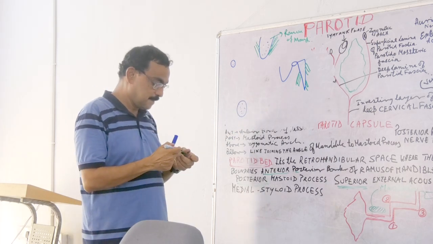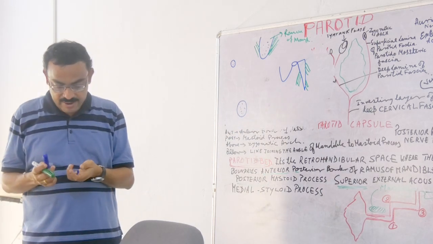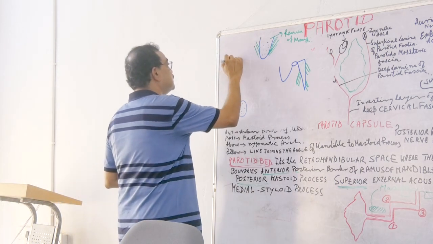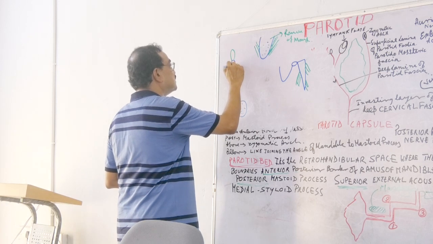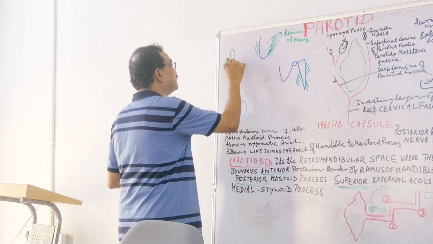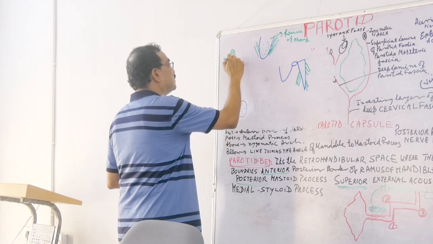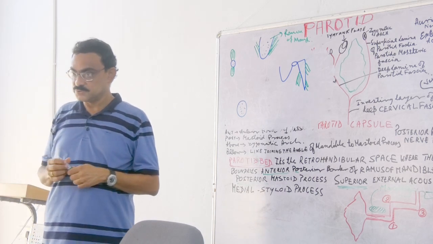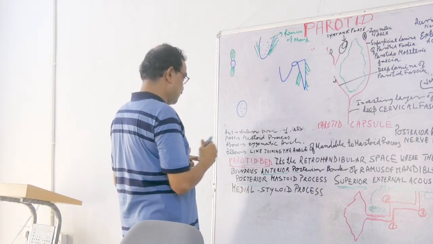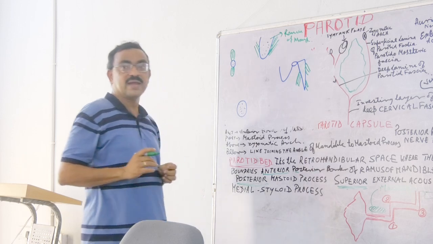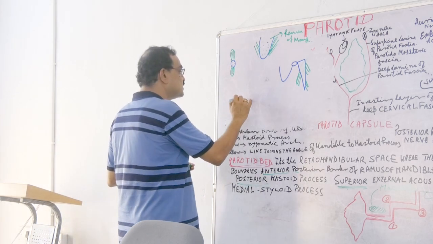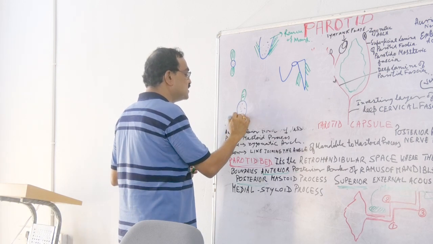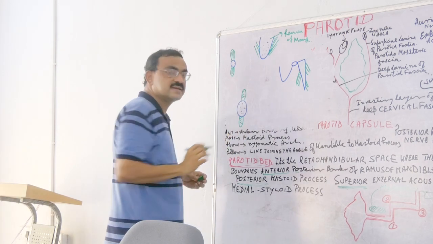So, what can we find here? There are some muscles. The styloid process along with its muscular attachments. And here, what can we get? One is the sternocleidomastoid, one is the digastric muscle.